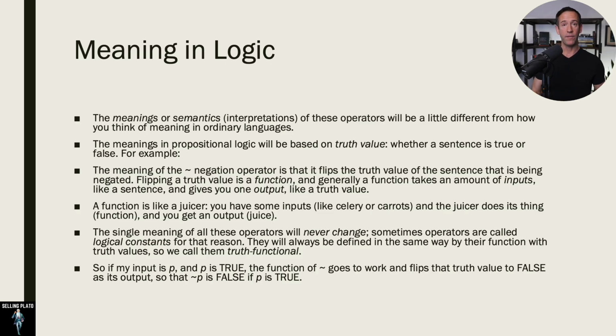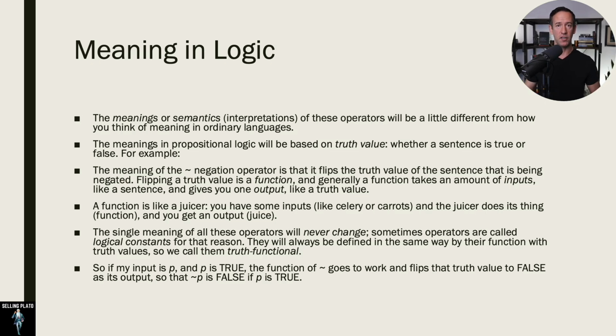So if I have an input that's just P, that would be like the celery in our analogy, and P is true, then the function of negation goes to work, it does its thing, it functions. And what does it do? Its meaning is it flips that truth value from one case to the other, in this case from true to false as its output. So false is going to be its output.